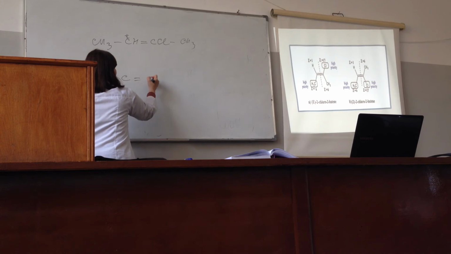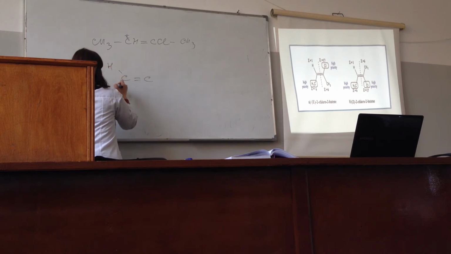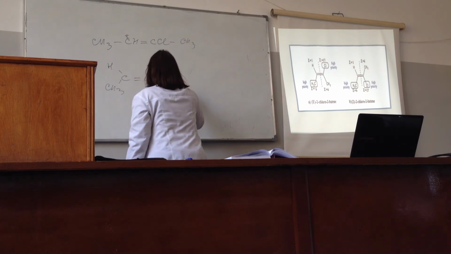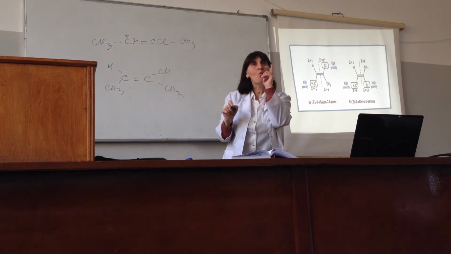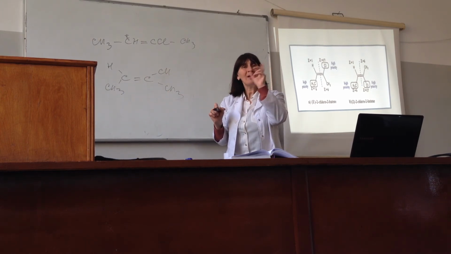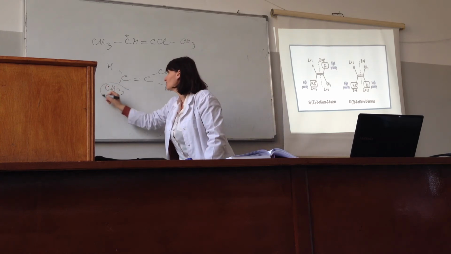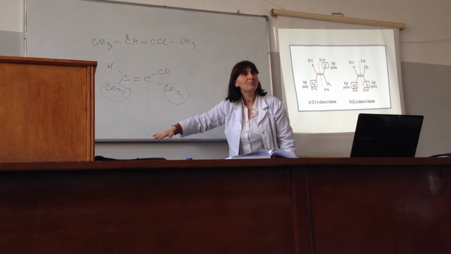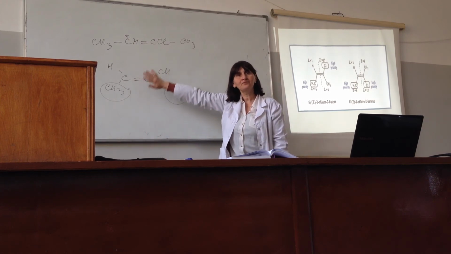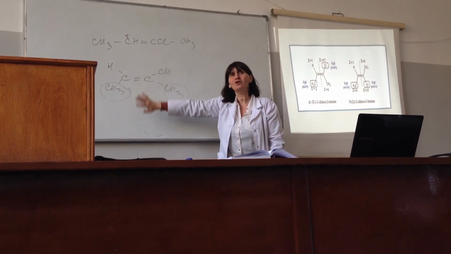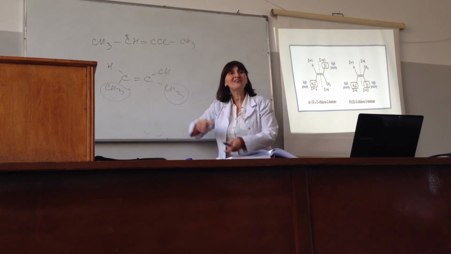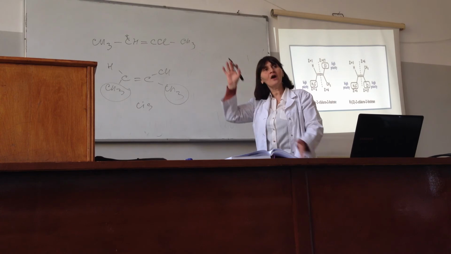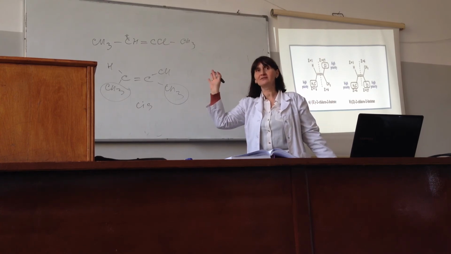So C, double bond, C, with H, CH3, and Cl, CH3. As you see here, you have one pair of same groups, CH3. If these two same groups are on one side of your double bond plane, you have cis isomers. If they are on opposite sides, you have trans.